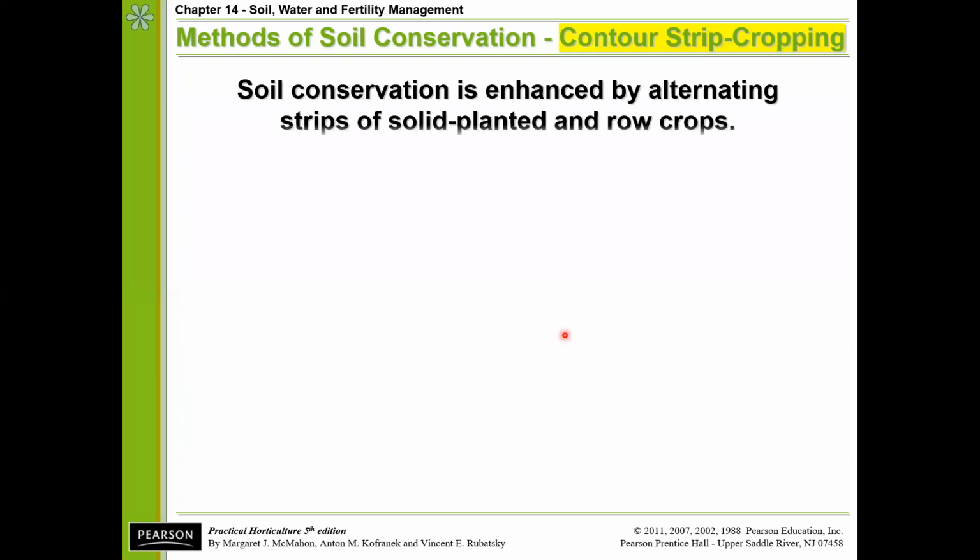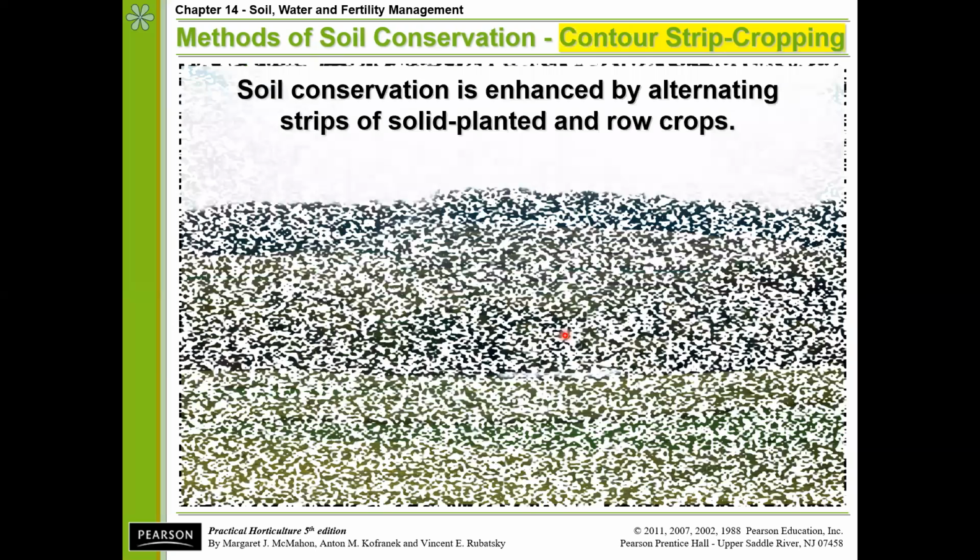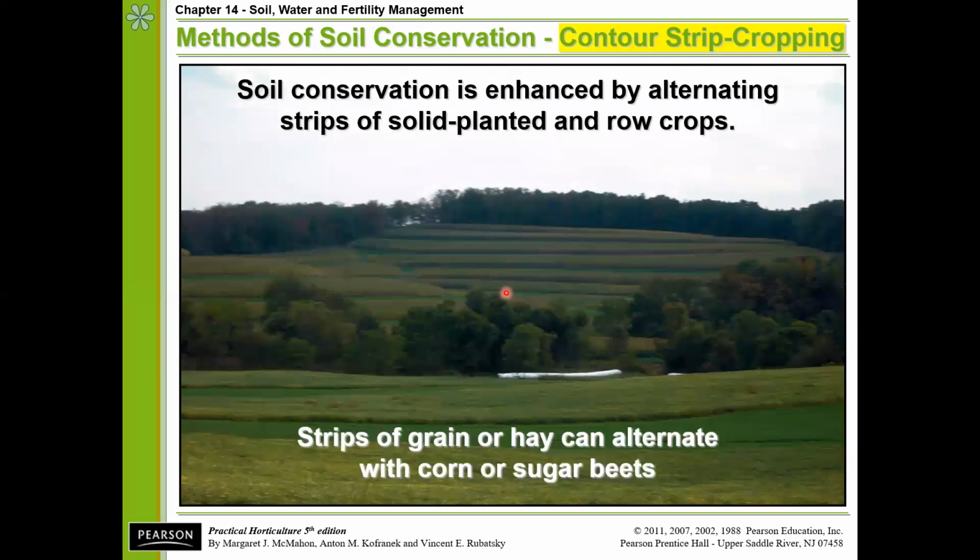Here's another look at a similar thing. I think it's combining both the grass waterway idea with contour tilling. In this case, we've got some terrain here that is sloped, and we're alternating strips of solid planted crops versus row crops.